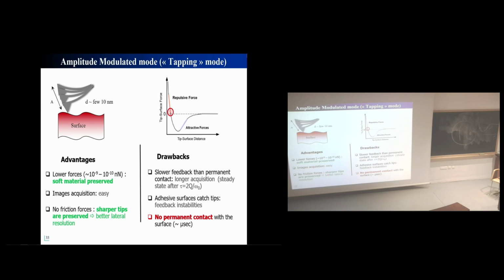So you can use a much sharper tip and you have much better resolution. That's why most people use this mode even to observe hard materials. Better resolution. The drawback: it's a little bit slower than the contact mode because of the dynamics of the oscillator. And there is no permanent contact, so it's going to be impossible to measure current, temperature, or things like that.